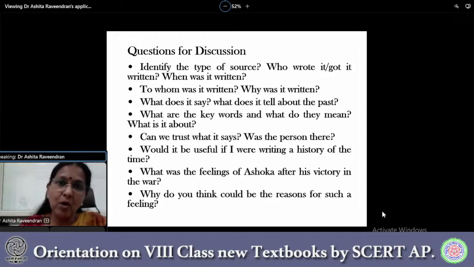The teacher can come up with many such value-based questions, so that the child starts thinking about how, from various sources and inscriptions, they are able to find out how important peace is and how important it is to avoid wars.